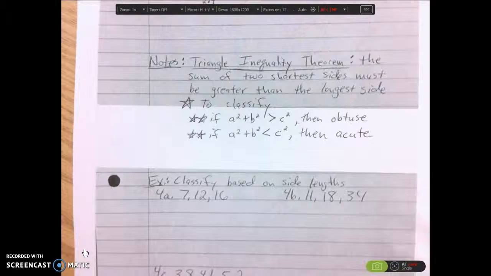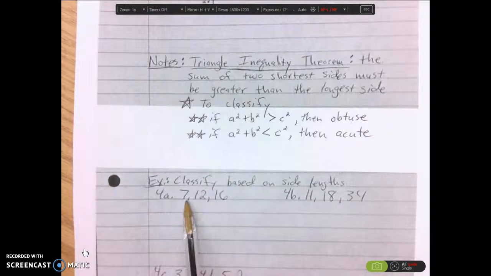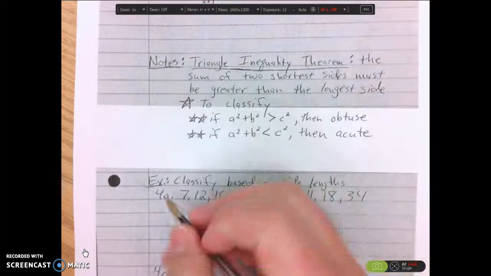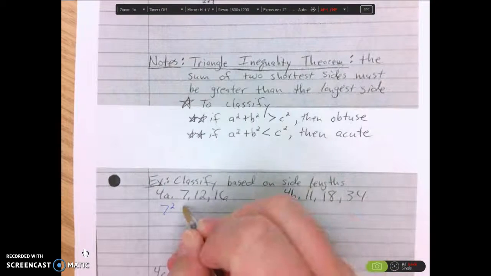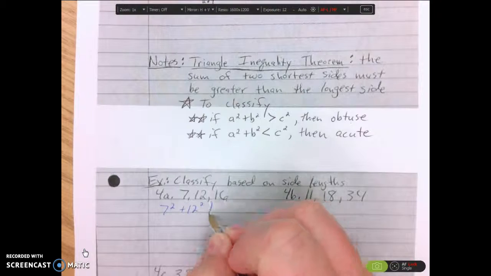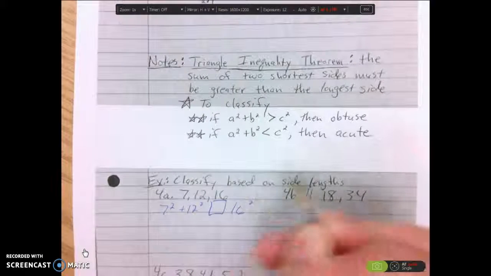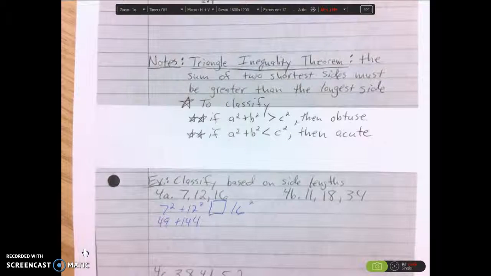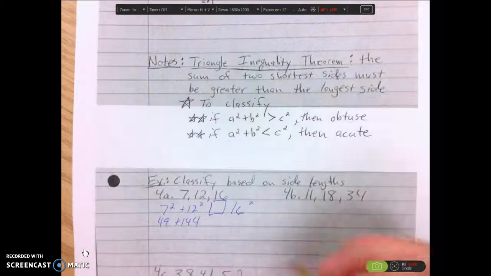So for A, again, is it a triangle? 7 plus 12 is 19. 19 is bigger than 16. Yes, it's a triangle. So now we have to figure out what kind of triangle. So 7 squared plus 12 squared, compare that with 16 squared. That's 49 plus 144. 16 squared is 256.